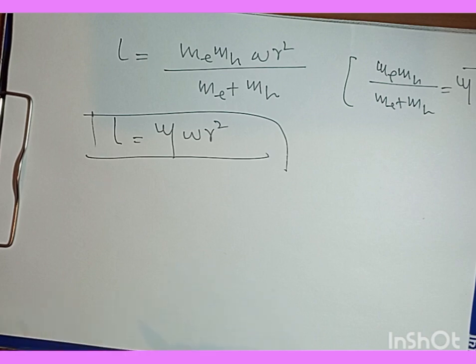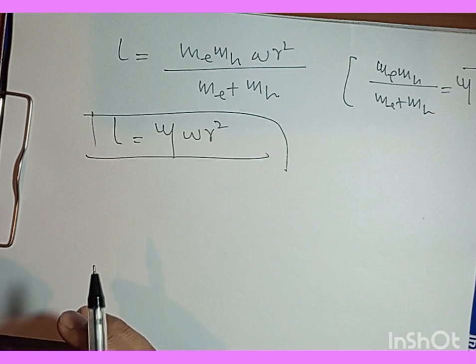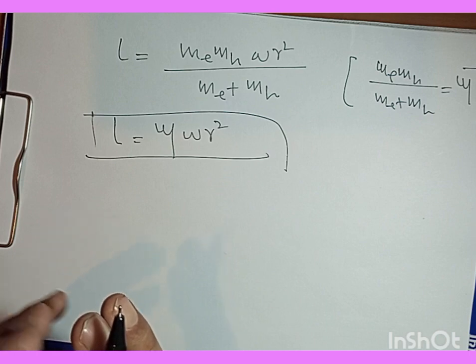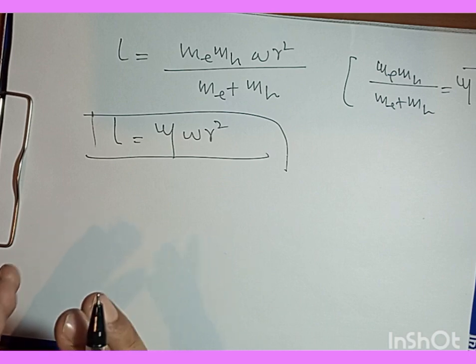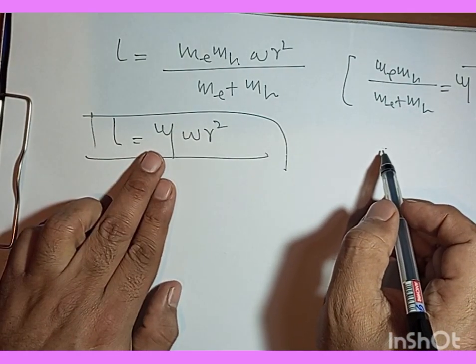To move on from here, this correction was done by Niels Bohr himself. The quantum condition that was given by Niels Bohr had to be modified by replacing the mass of electron by the reduced mass.